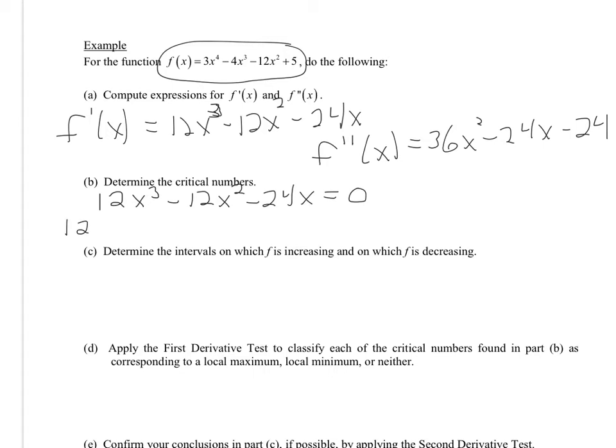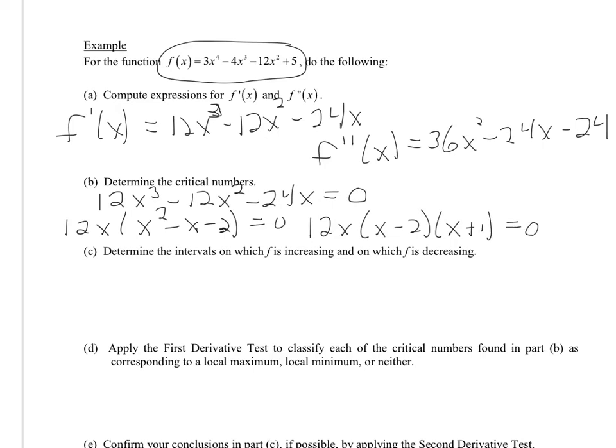And I think that'll be pretty easy to do as long as we can factor this without too much trouble. So I can factor out a 12x, leaving behind x squared minus x minus 2, which I can further factor into x minus 2 times x plus 1.